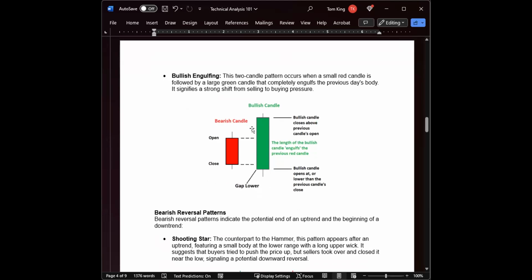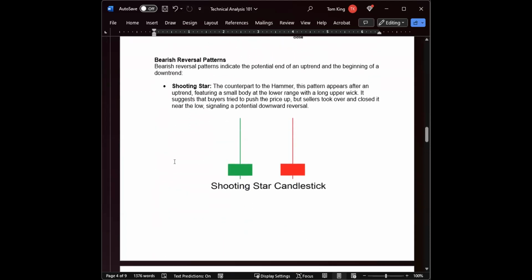Then we blasted above the previous day's high, or the previous day's open, and finished up here. This shows that the buyers completely won the day and pushed it up. This engulfing candle typically can indicate a decent bullish reversal. It indicates a really strong shift from selling pressure to potentially buying pressure. It's pretty simple. I'm not going to go through a whole lot here with you.